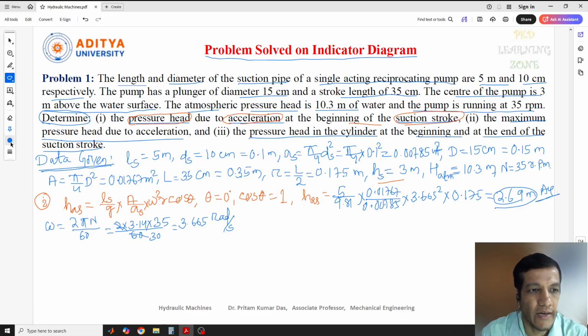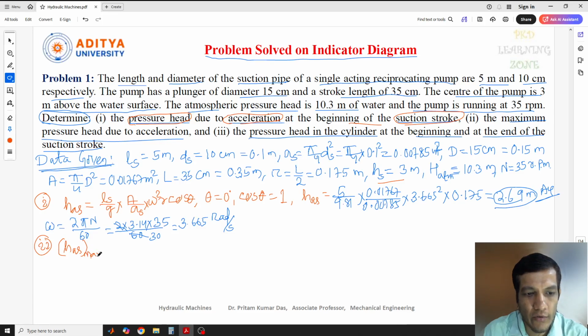Now the second question is given. We need to calculate the maximum pressure head due to acceleration. The same acceleration formula is used here, but we need to calculate HS maximum.